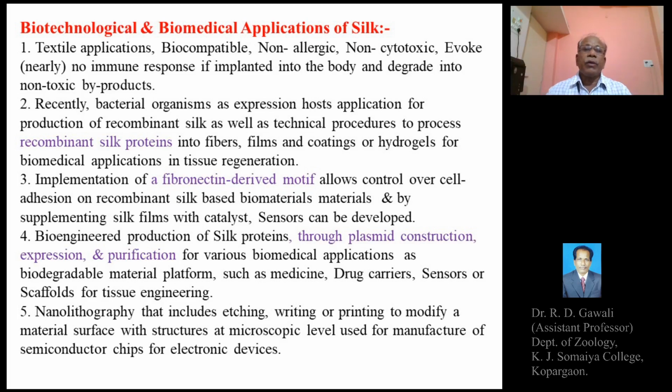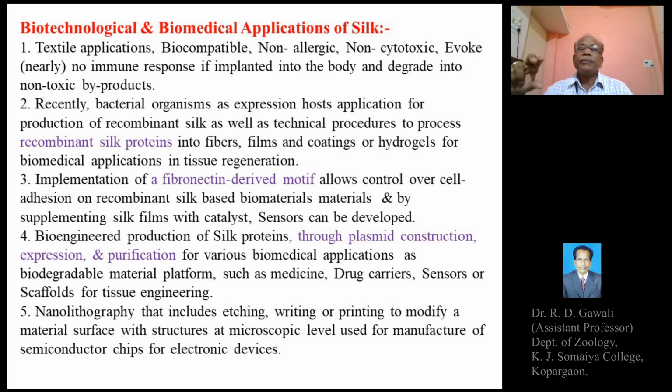These sensors can be developed by implementing the fibronectin derived motifs, which control cell adhesion on recombinant silk based biomaterials, and by supplementing the silk films with a catalyst, sensors can be developed.